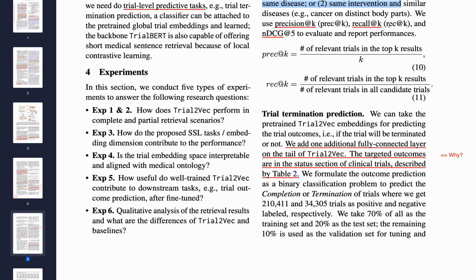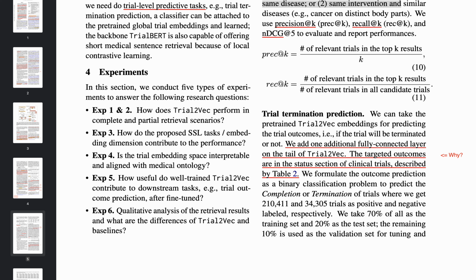The 3 metrics they looked at here are precision at K, recall at K, and then NDCG. I was not very familiar with the third, but it essentially represents the quality of the rankings we have: normalized discounted cumulative gain.